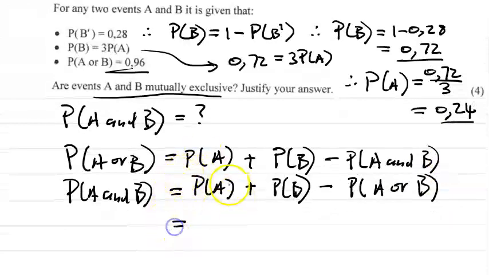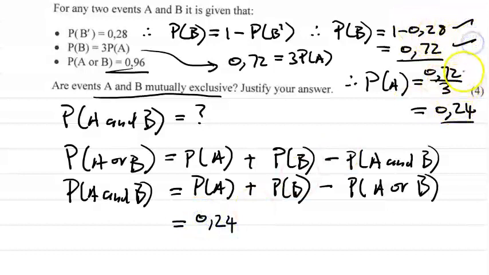So now if we do our substitution, the probability of A is 0.24. Don't forget to show all of this working here. Alright, that is very, very important. It's a part of the solution. Plus the probability of B, 0.72, minus the probability of A or B, which is 0.96.